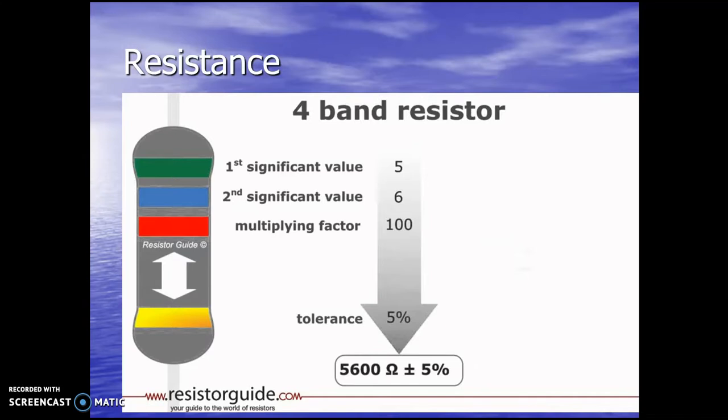So what that means, by my count, 5% of 5,600 would be 280. So by my count, we can expect that this resistor is going to have something between 5,320 ohms and 5,880 ohms. Feel free to check my math if you wish.